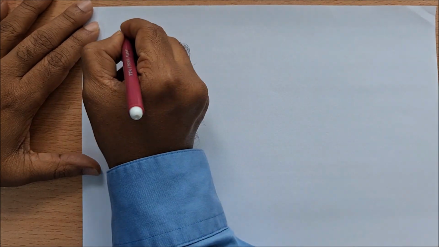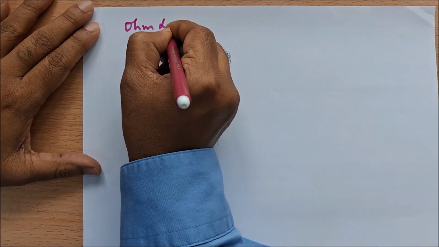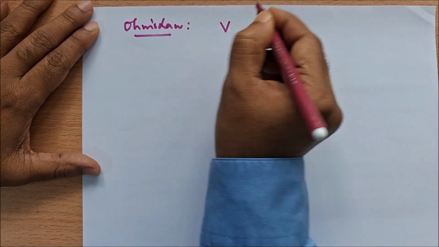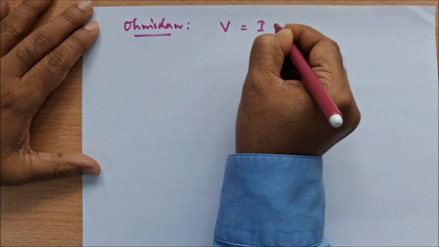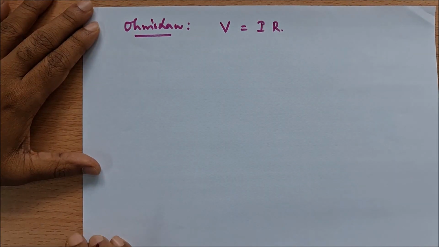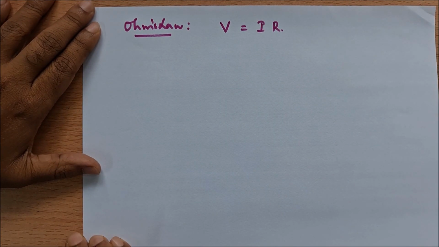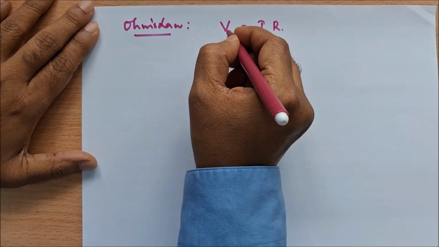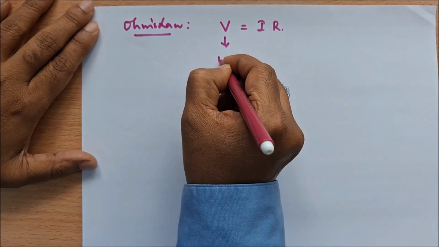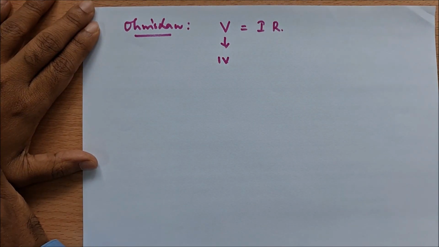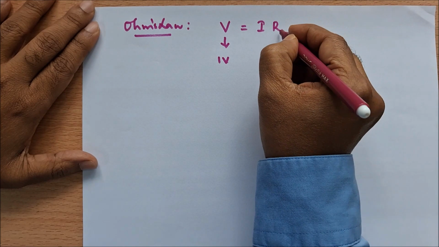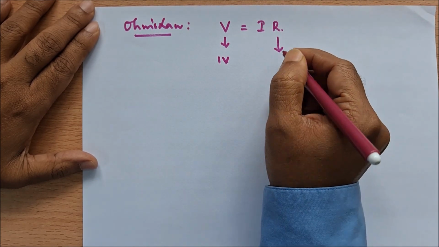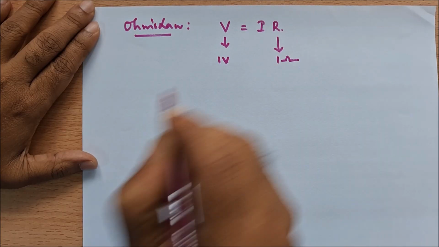Well, as it was already told, Ohm's law is V is equal to I into R. Now let us consider that the applied voltage be 1 volt, and let R be constant, just for an example, let it be 1 ohm.